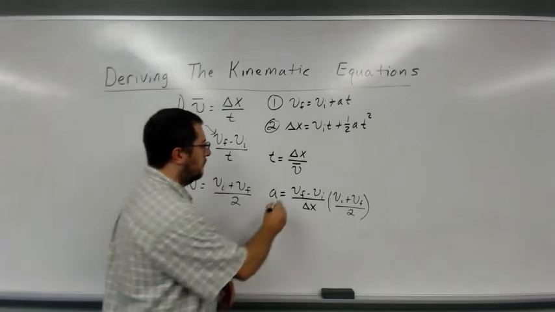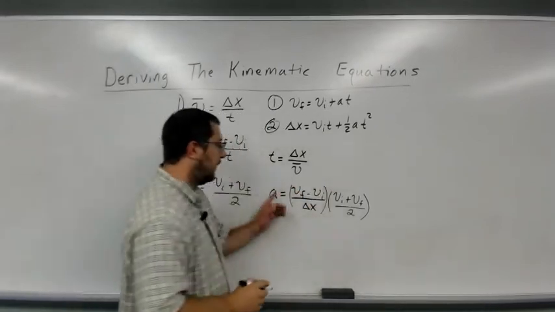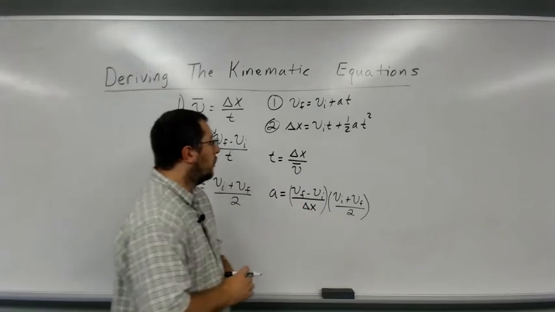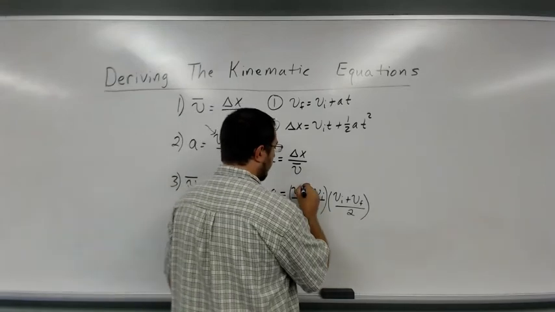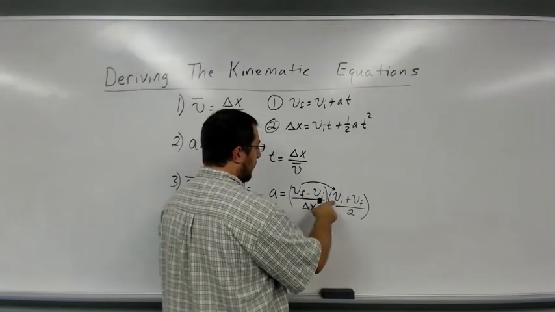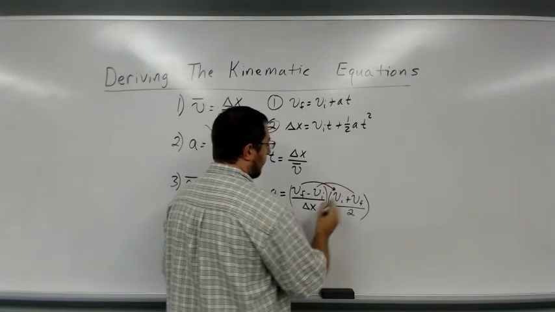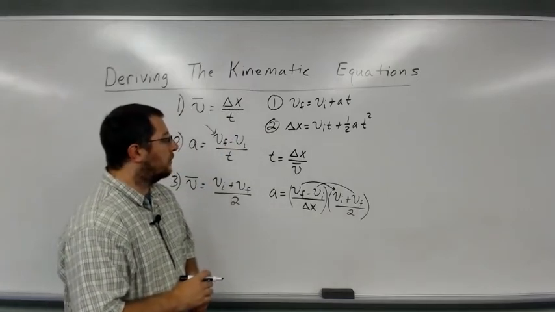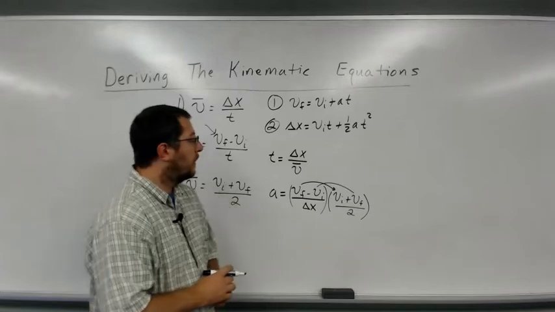And now what we can do is if we multiply our numerators and multiply our denominators, we can FOIL this. And if I FOIL this, I see that I get a VF times a VI, but I also get a negative VF and VI. Okay, so those two terms will cancel out.